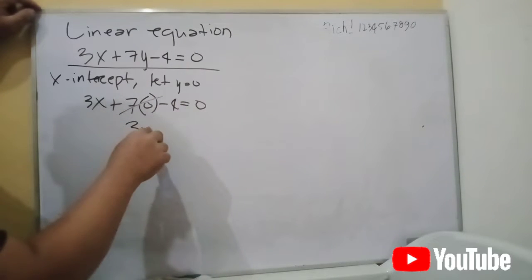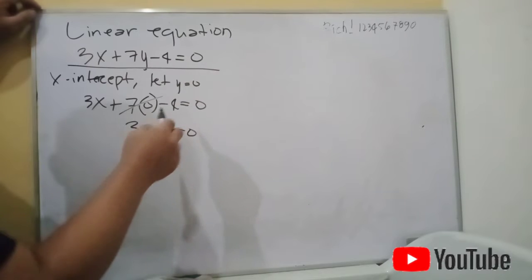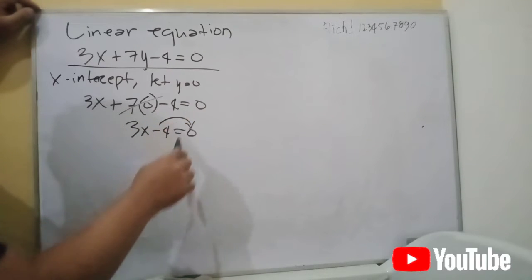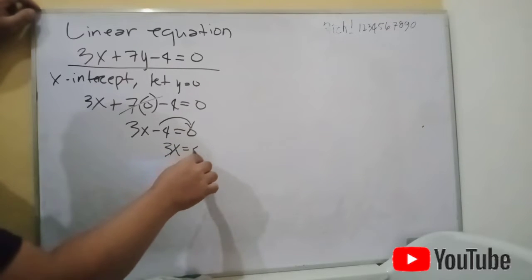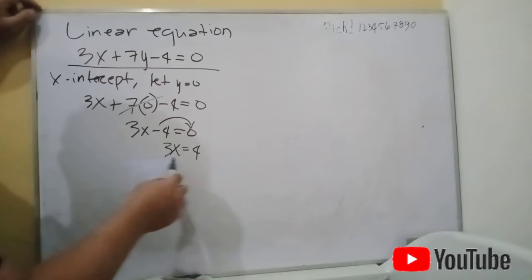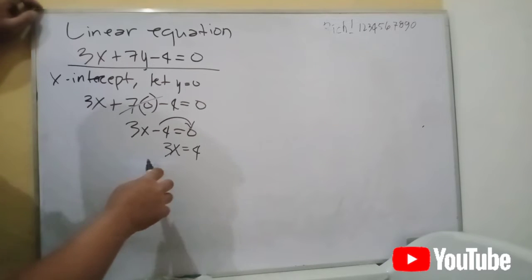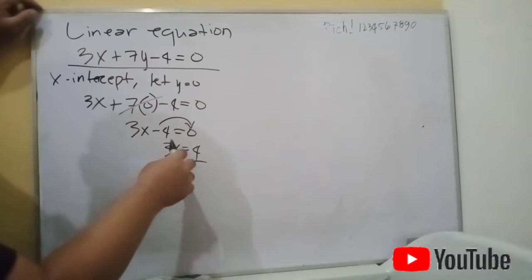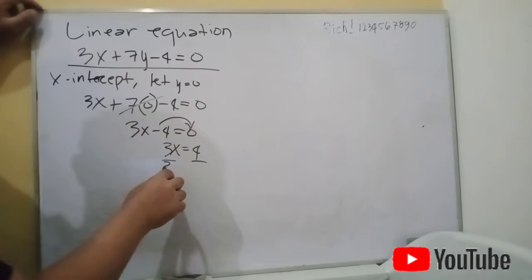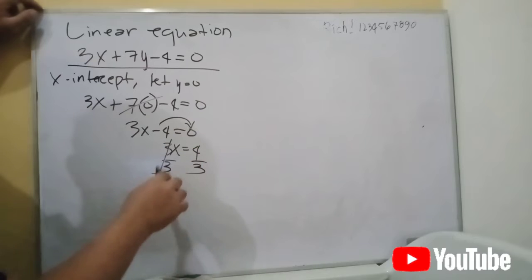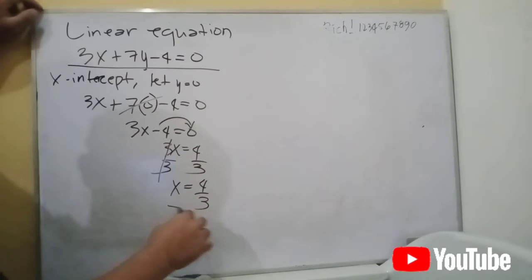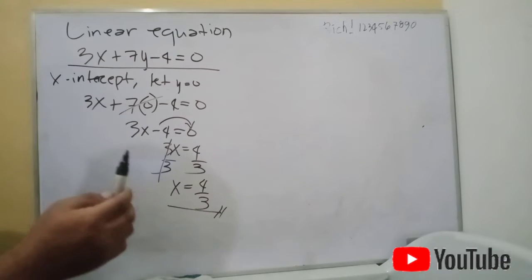So 3x minus 4 is equal to 0. Next thing is you have to transpose this to another side. So it will become 3x equals positive 4. Right? So next step is you have to divide it by 3 so that it will be removed and x will remain. So 3 is cancelled out. So x is equal to 4 over 3, and this is your x-intercept.